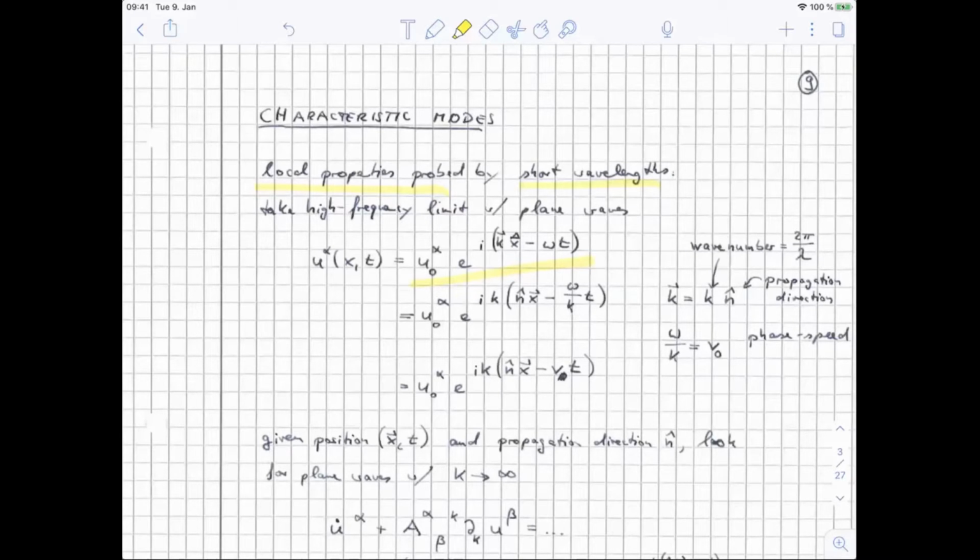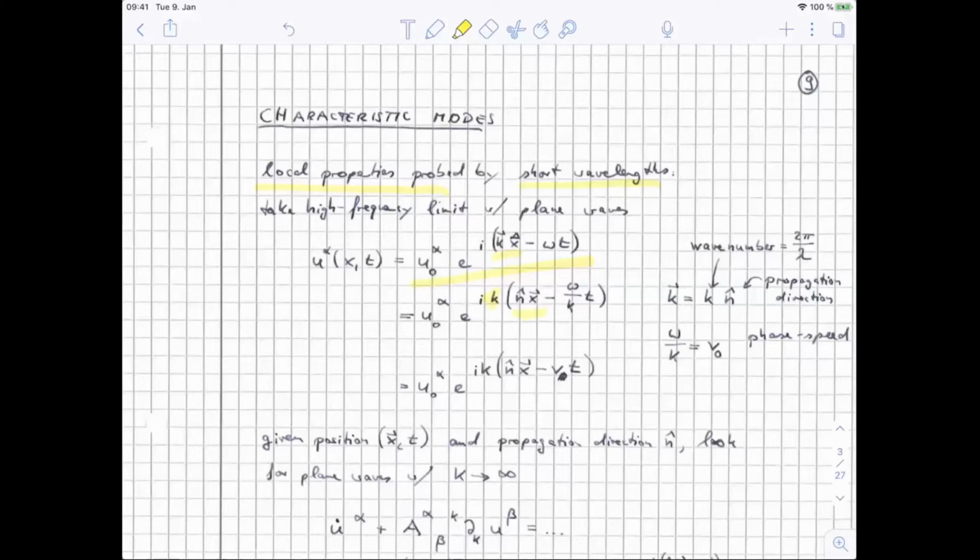A plane wave is a plane wave. You can write it with a wave vector dotted into x, but you can also factor out the magnitude of the wave vector. And then what remains as the inner product is a unit vector n hat dotted into x.